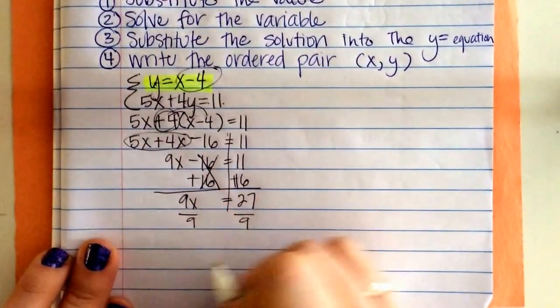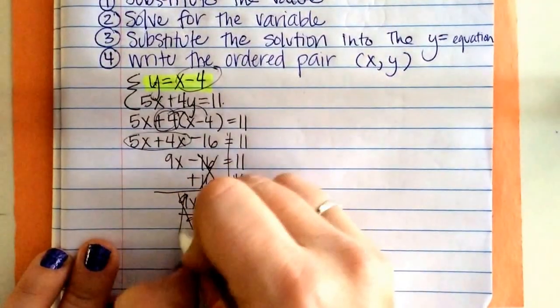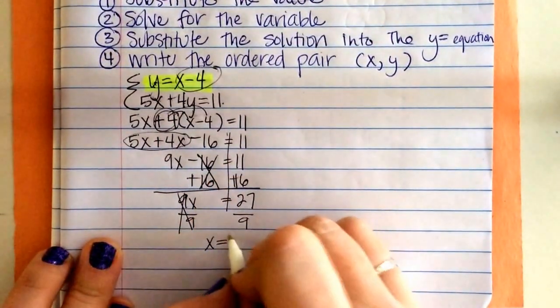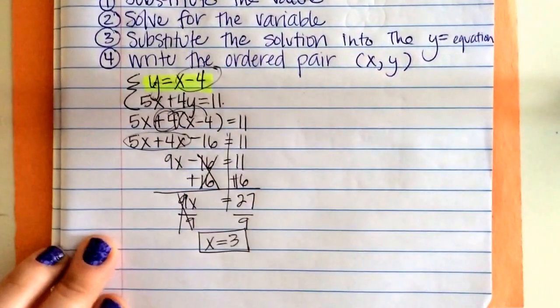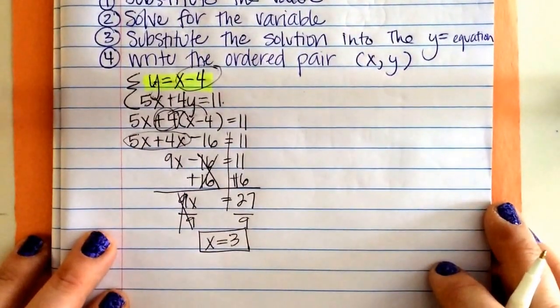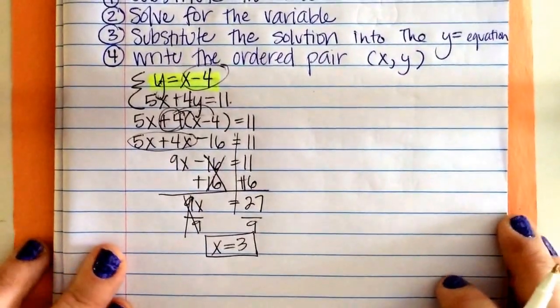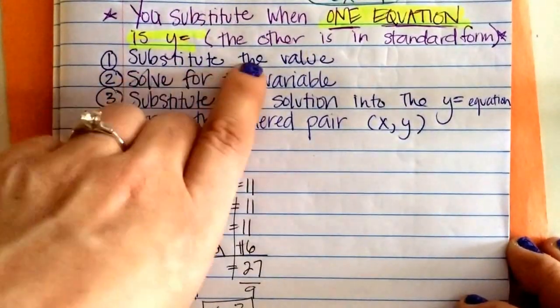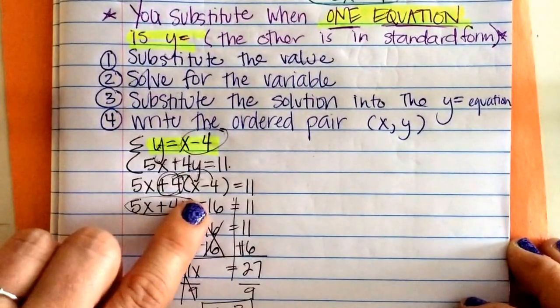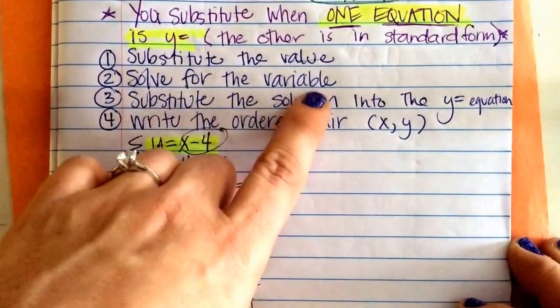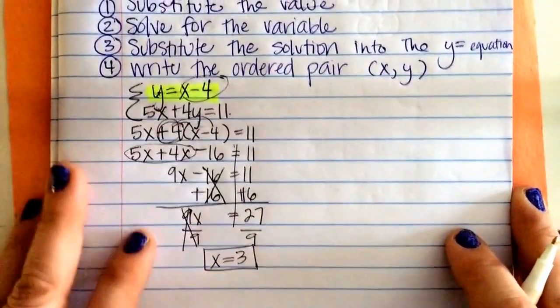Divide by 9. x equals 3. I'm not done. The unfortunate part is this problem takes a little bit of work. Step 1, substitute the value. Did it. Step 2, solve for the variable. Did it. x equals 3.